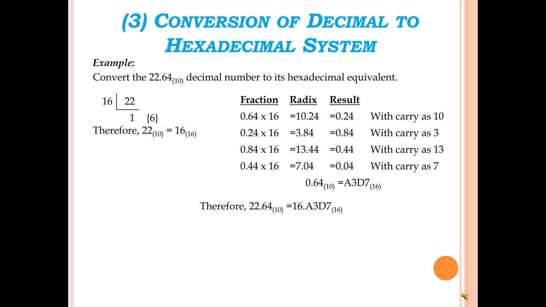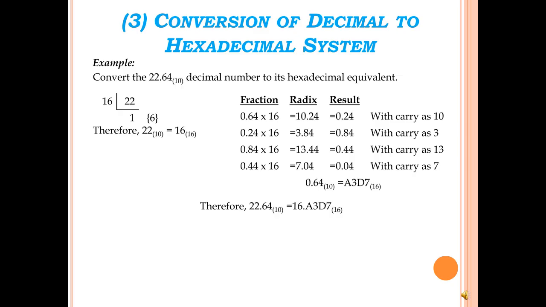So the conversion of 22 is 1 and 6. That means 22 base 10 is 16 base 16.